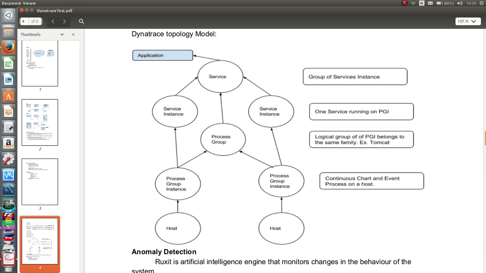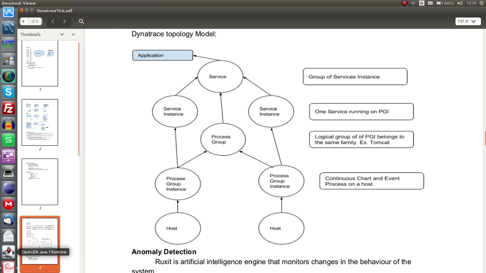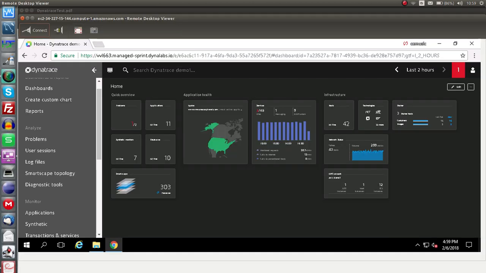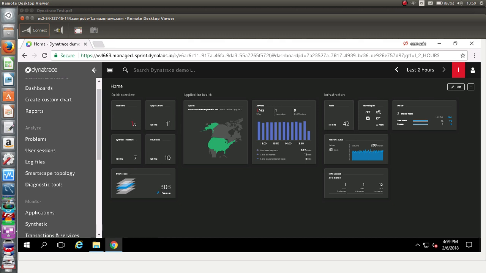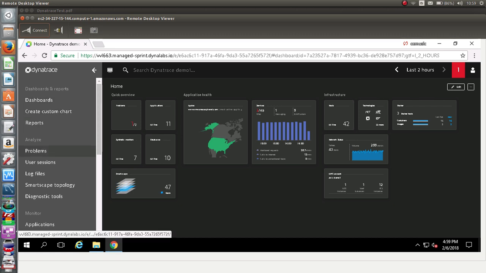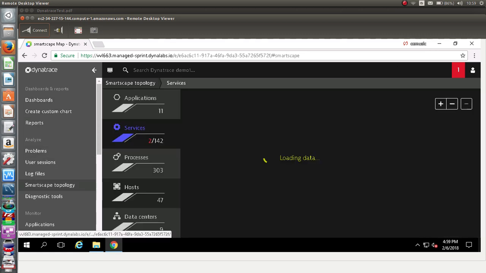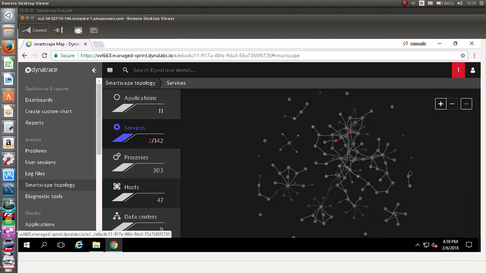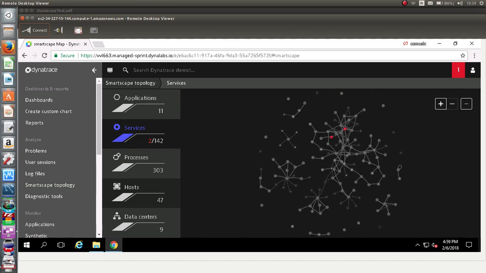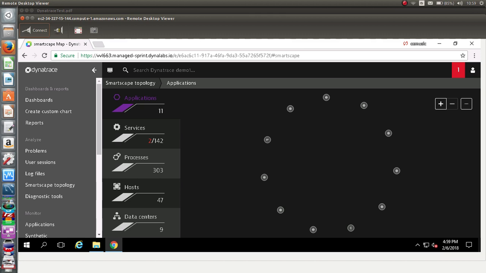On the top of everything are the services, so we can check this topology on the Smartscape. Okay, here we have the Smartscape, where we can check that on the top of everything are the applications. We have 11.